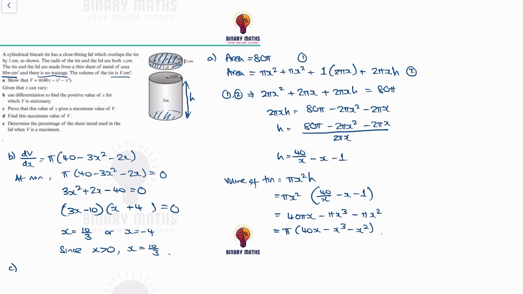Okay. C: Prove that the value of x gives the maximum value of v. So I need to do d squared v over dx squared, which is pi times (minus 6x minus 2).